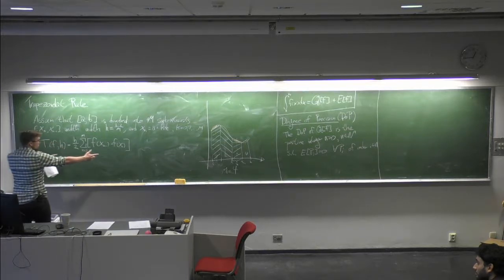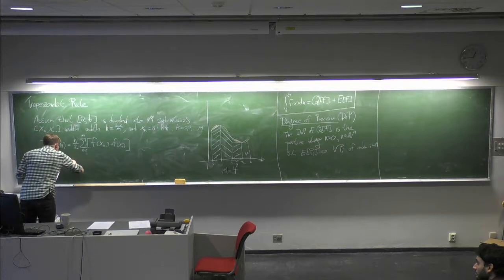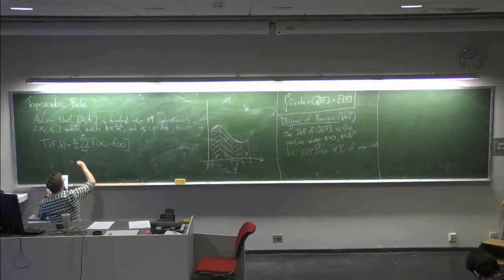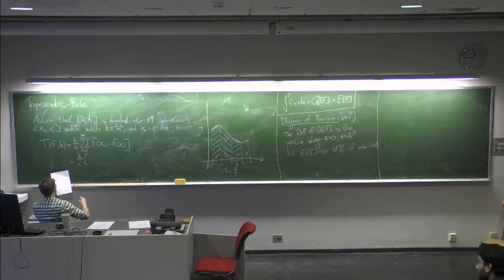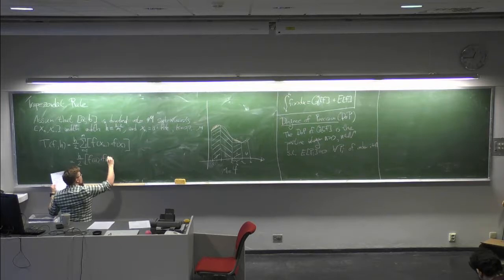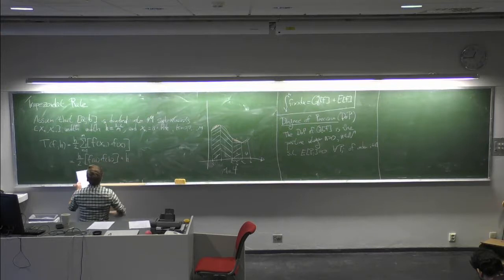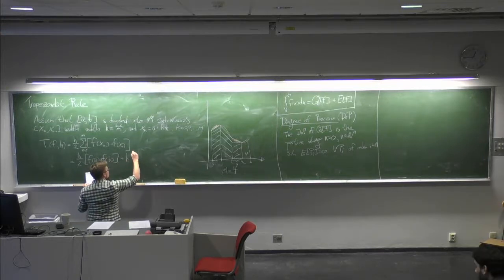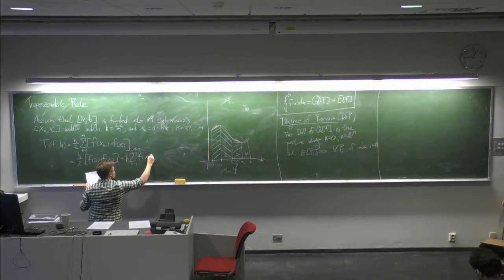But this trapezoidal rule, we can slightly rewrite it, which we will use later. H over 2 times f of a plus f of b, plus h times the sum from k equals 1 to m minus 1 of f of xk. What I'm basically doing here is picking out the first and the last function evaluations.